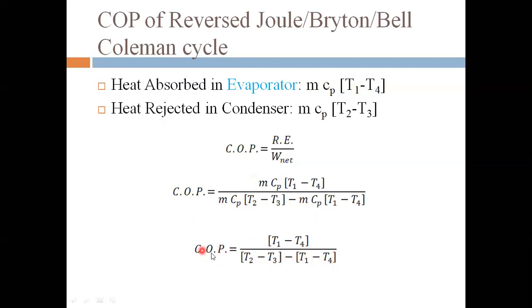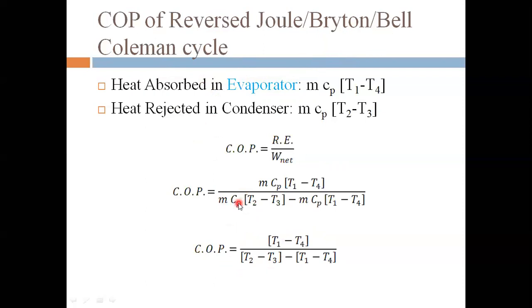So if you want to find the COP of the Bell-Coleman cycle, also known as the reverse Joule or Brayton cycle, we need the four temperatures T1, T2, T3 and T4. If we have the four temperatures, we can find the COP of the Bell-Coleman cycle by utilizing this equation. Also by utilizing the TDY principle, we can reduce this equation using three temperatures or two temperatures to find the COP of the particular Bell-Coleman cycle.